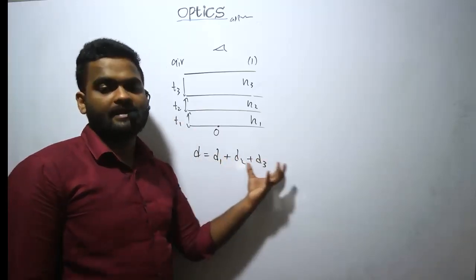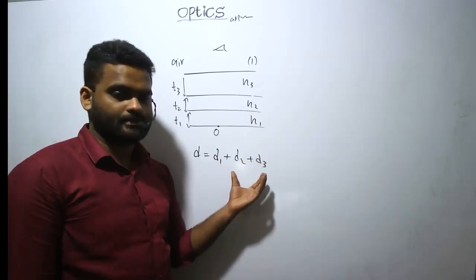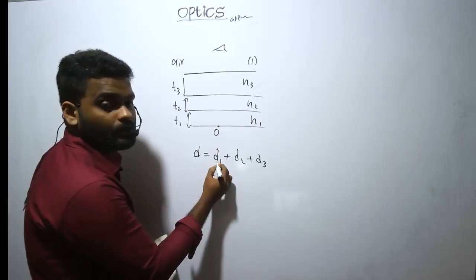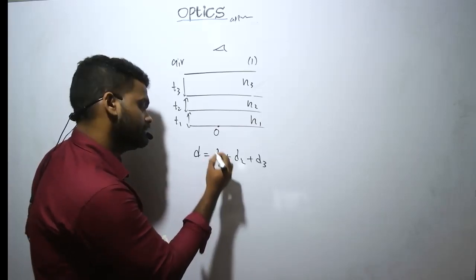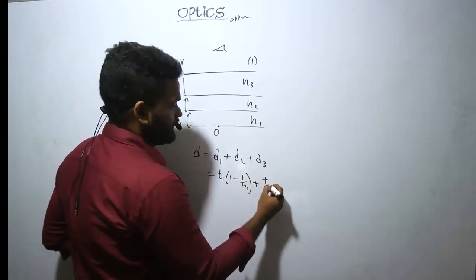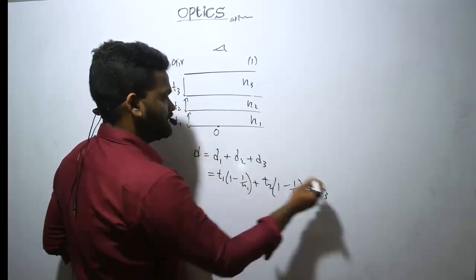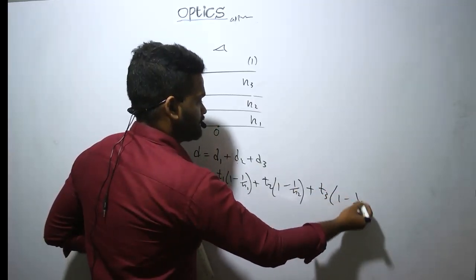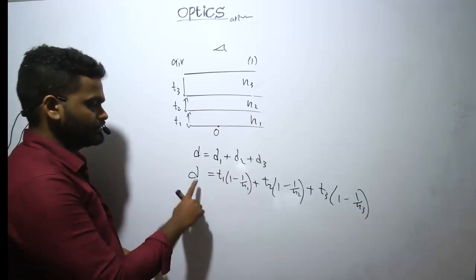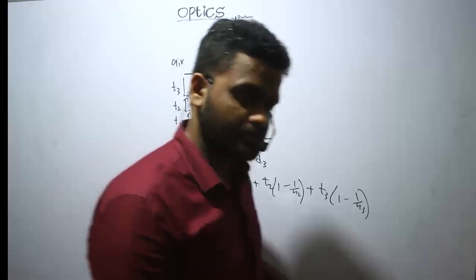You can derive this actually, but it is not necessary. For D, similar to the earlier equation, D equals T1 (1 minus 1 over N1) plus T2 (1 minus 1 over N2) plus T3 (1 minus 1 over N3). Understood? So this is how you find the total displacement. Take it down.